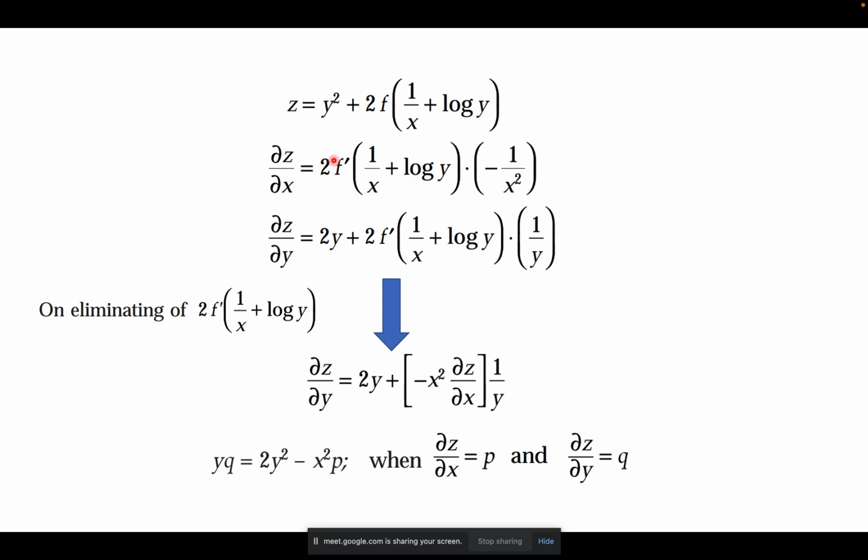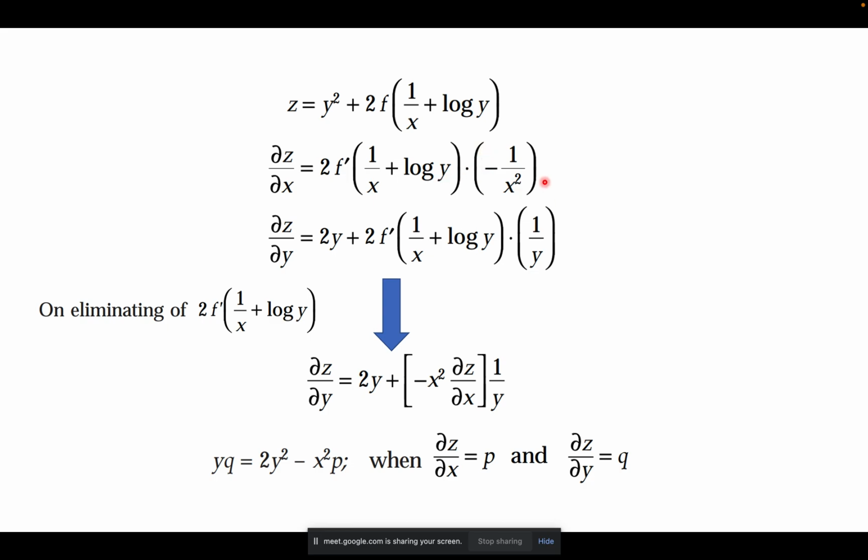You have 2f dash, where f dash is the derivative of f, and in the bracket you will have the same quantity. But as f is a function of 1 by x, the derivative of 1 by x will be minus 1 by x square. So the derivative of z with respect to x is 2f dash of 1 by x plus log y times minus 1 by x square.